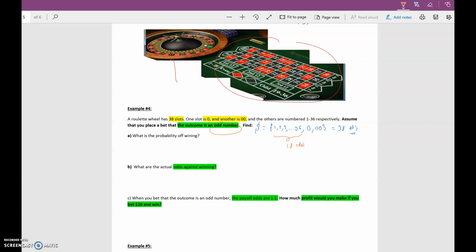So for the probability of winning, let A equal the event of a bet on an odd number. Then the probability of A is 18 out of the total of 38, so 18 divided by 38.